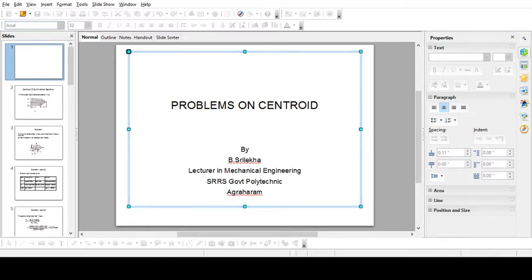One is a rectangle, and one more is a triangle mounted on the side of the rectangle. For a rectangle, as you know, the centroid is L by 2 and B by 2.